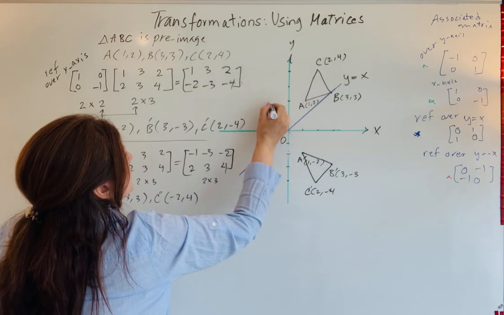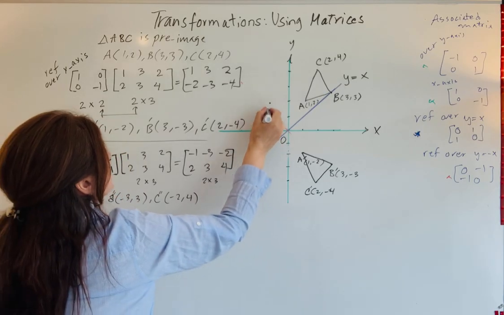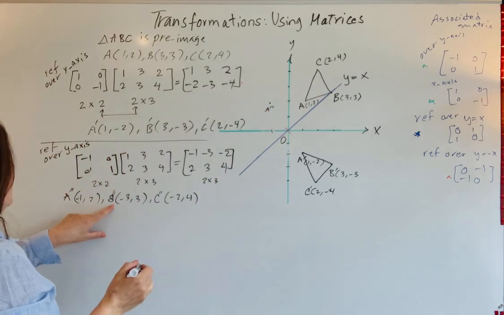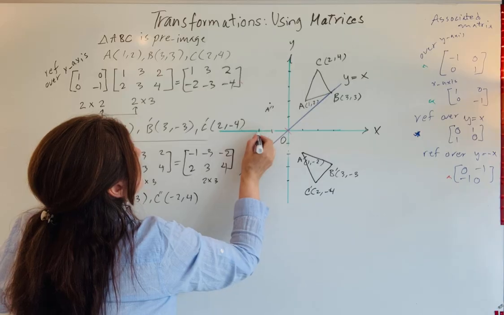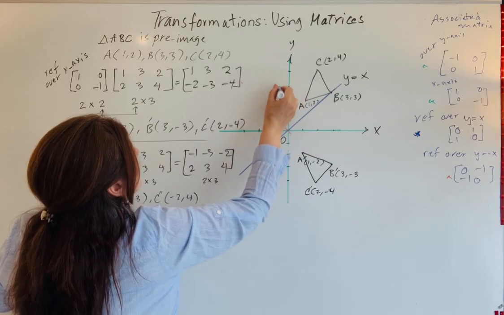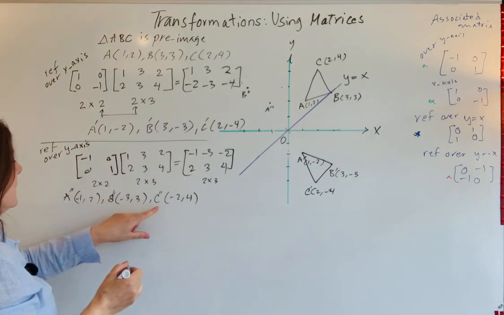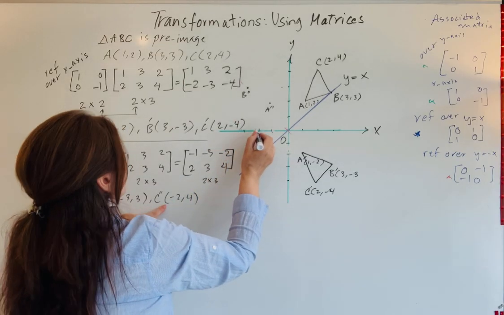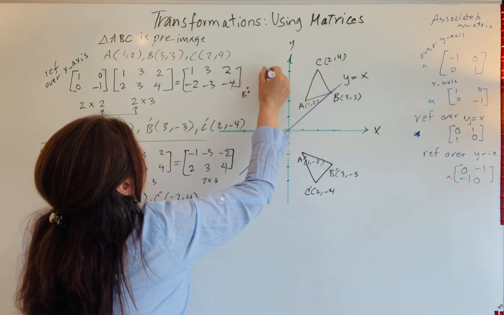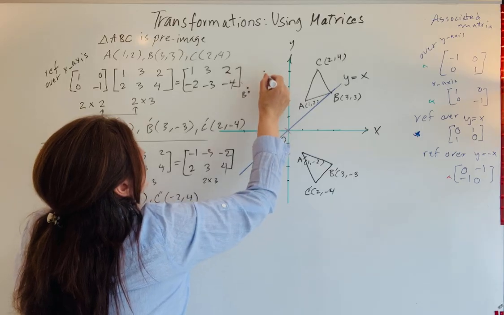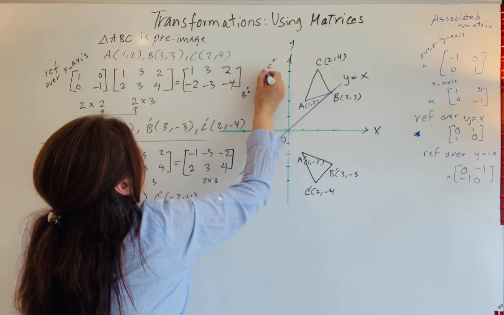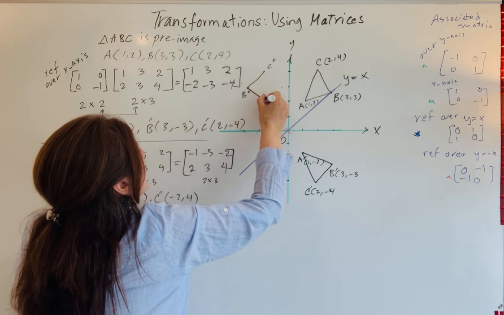This is A. B is negative 3, 3, B double prime. C is negative 2, 4.